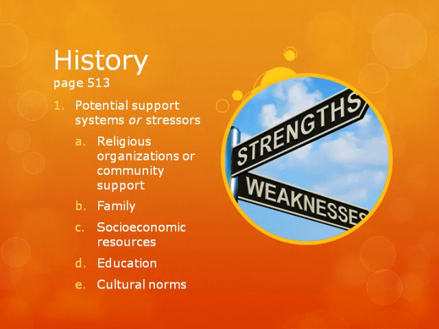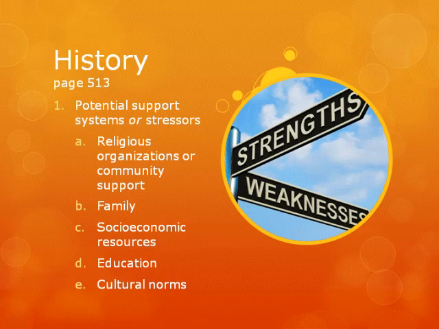So sometimes we think of this in terms of the strengths and the weaknesses that we can evaluate for this individual. Do these items listed here under history, community, family, their economic situation, their level of education, are those support systems that they can go to in times of stress and crisis? Or do these things actually represent stressors in their life?